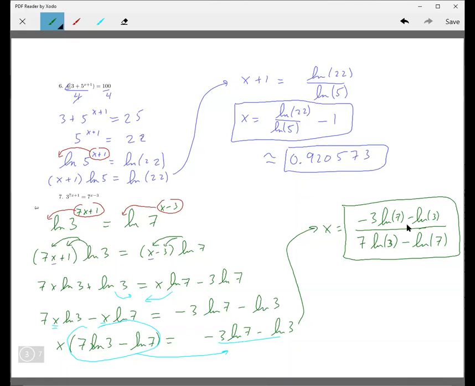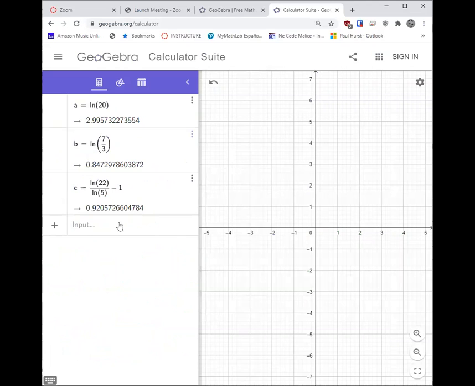Okay, so we'll just put that expression into GeoGebra. I'm going to type the slash key first, and then I've got a fraction running right here. So in the numerator was negative 3 log 7. Put that in parentheses minus log 3.